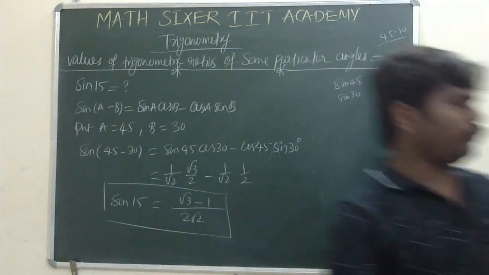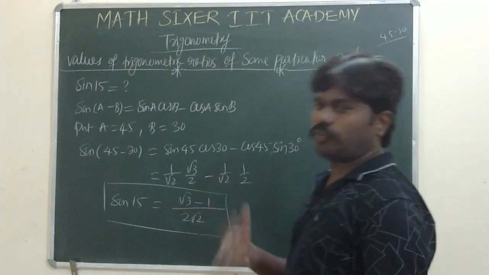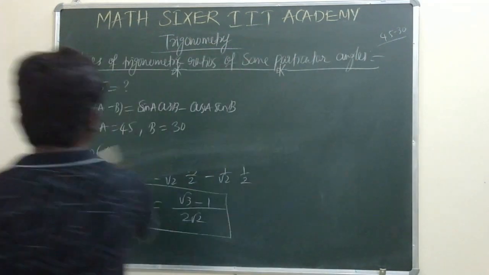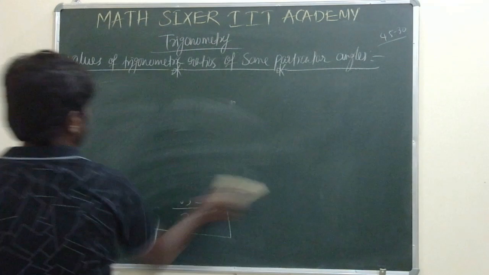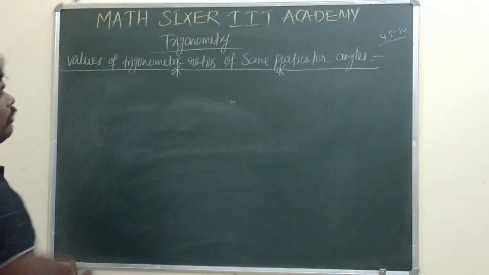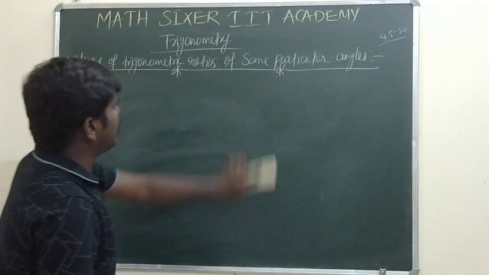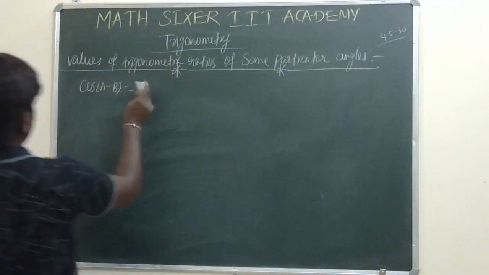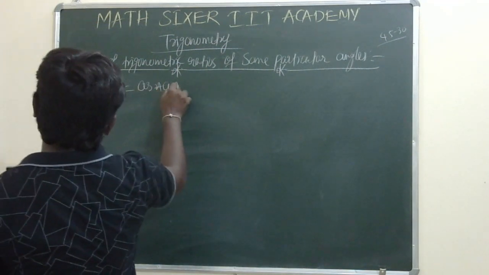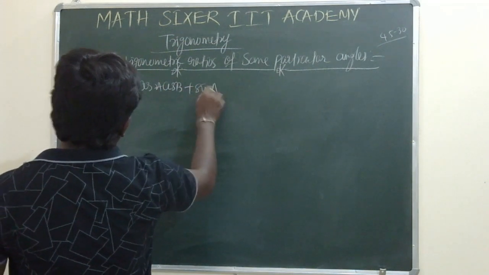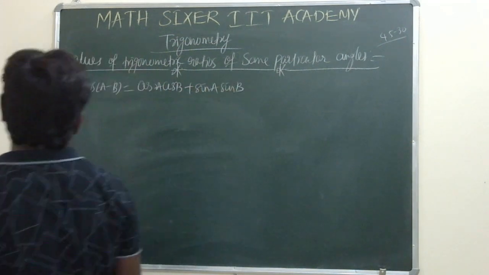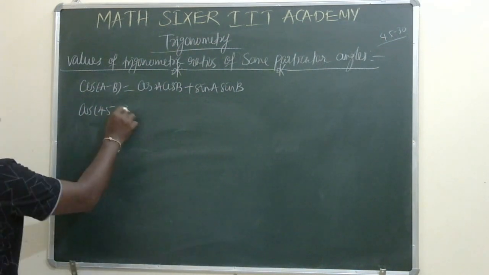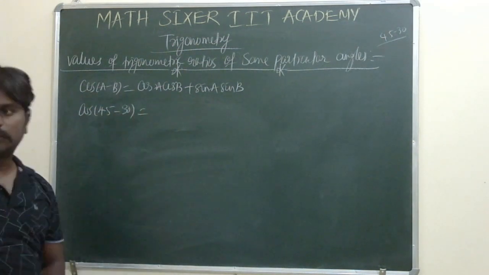Next, how to find the cos 15 value? The same way, we will use the cos a minus b formula. Cos of a minus b is equal to cos a cos b plus sine a sine b. Here I am substituting a equals 45 and b equals 30.